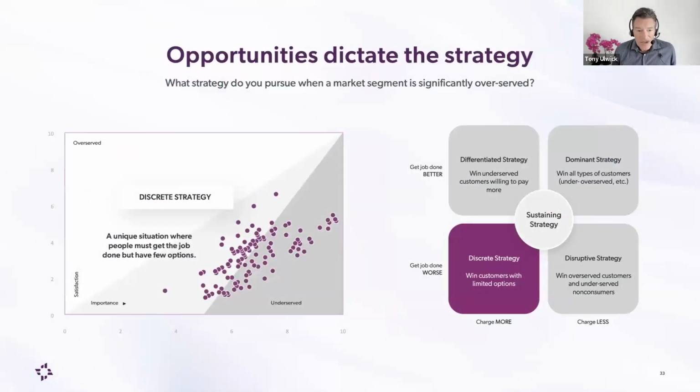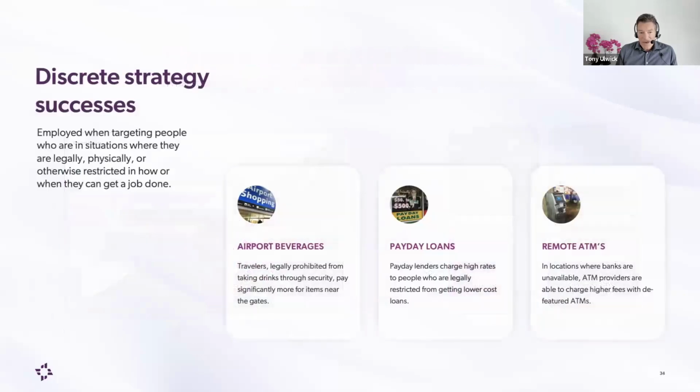And then we have the discrete strategy as well. Again, this is where there's a unique situation that exists in your market, where people have to get the job done, but they have very few options. They're left in a predicament, more or less. And we see a lot of companies apply this, and we've all experienced it, like airport beverages. Trying to get water, once you cross security, the price goes up 2, 3x all of a sudden.